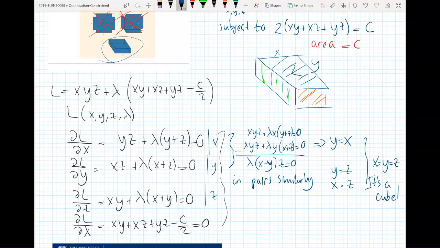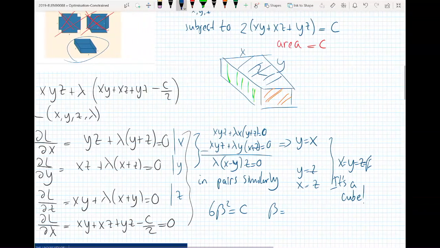Then the final thing is I need to put it into the area constraint. Since all of them are equal, I can call them, I don't know, beta. So 3 times beta squared, 6 times beta squared equals c. Let me call the side beta.